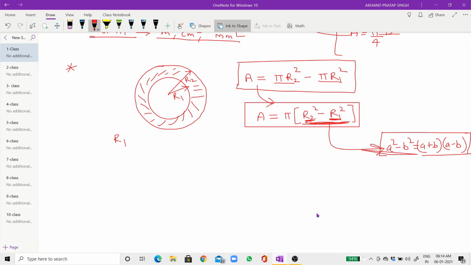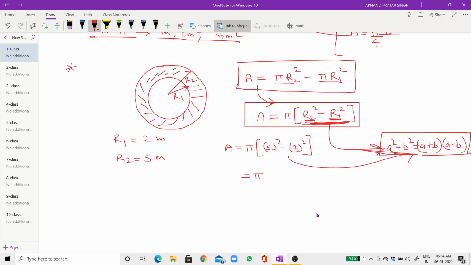Suppose r1 is equal to 2 meter and r2 is equal to 5 meter. So what is the value? You just take these values. So A is equal to pi times 5 square minus 2 square. You just apply this formula.